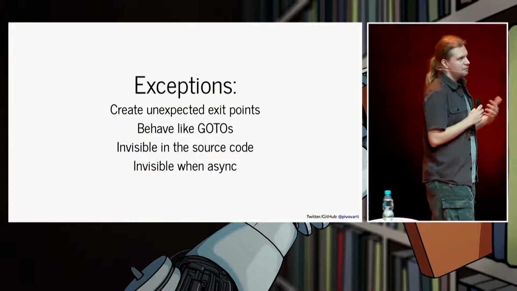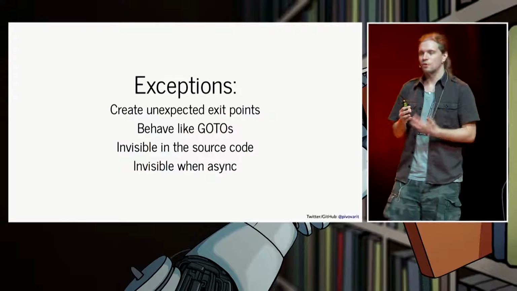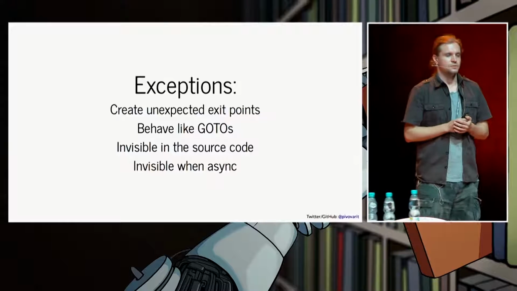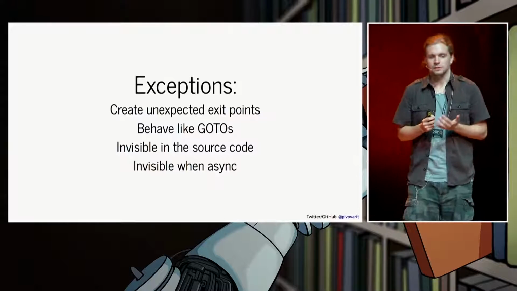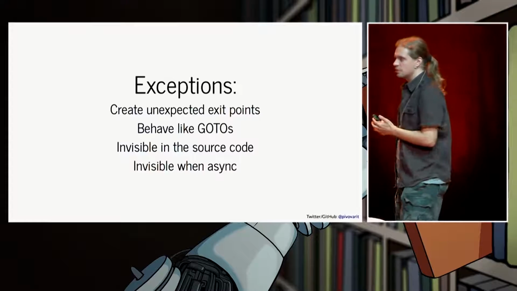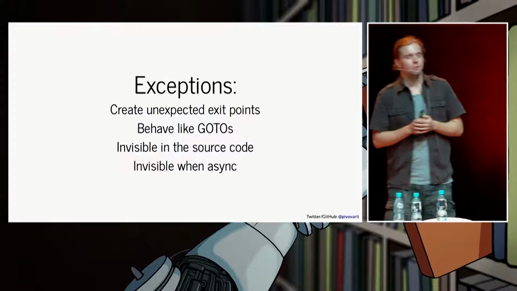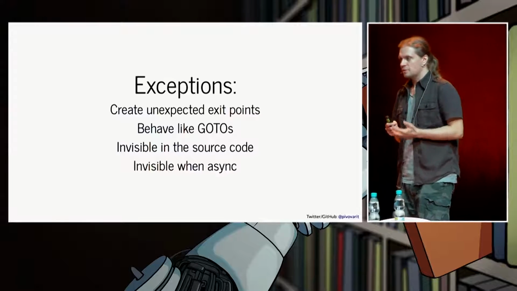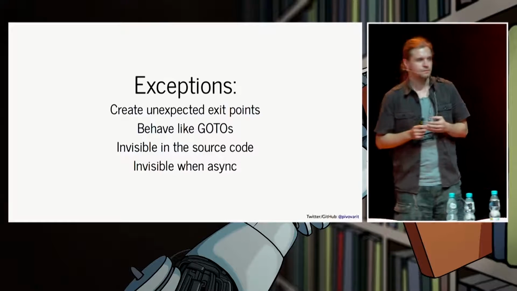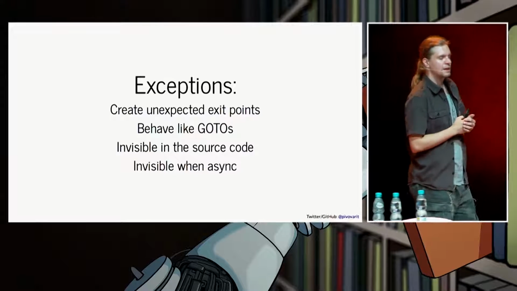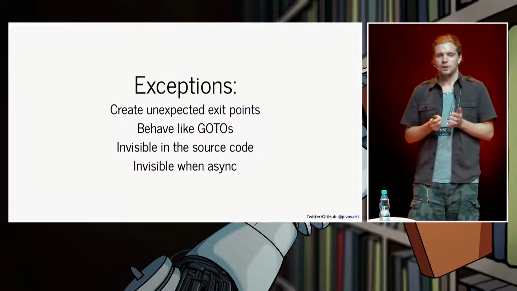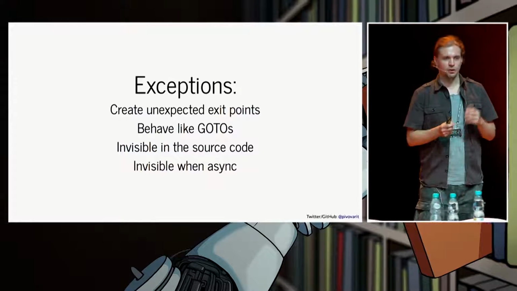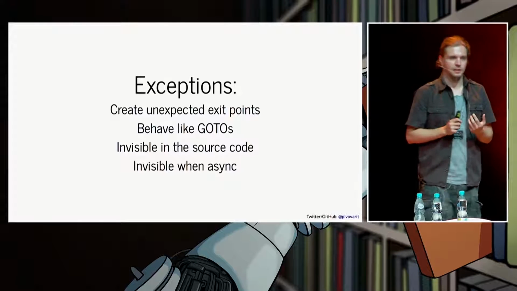And if you think about this, there were four main points that exceptions were criticized for. The most obvious one is that they create an unexpected exit point from your methods. If you are in the purely functional world, and you try to write everything with referential transparency in mind, there is no place for unexpected exit points. Functional programmers quite often imagine their code as a set of pipes connected to each other.